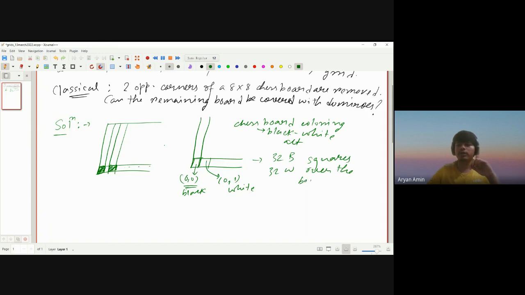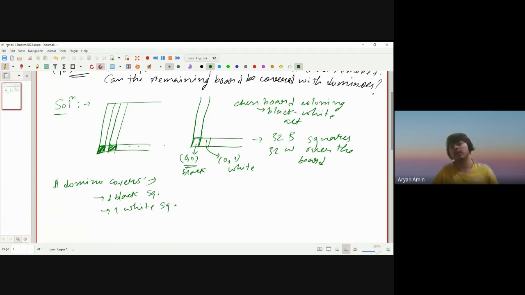Now, a domino is always going to cover one black square and one white square. It cannot cover squares of the same color. That's the main point of this coloring.